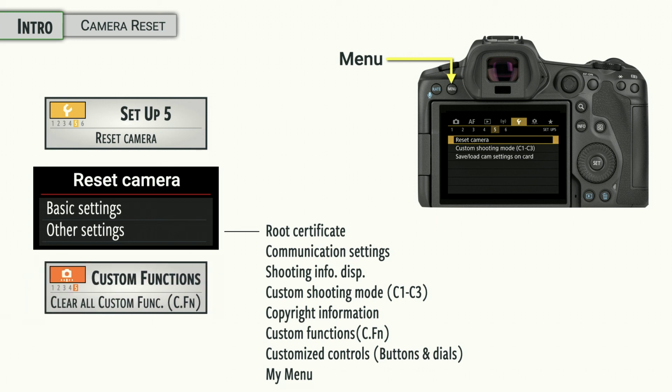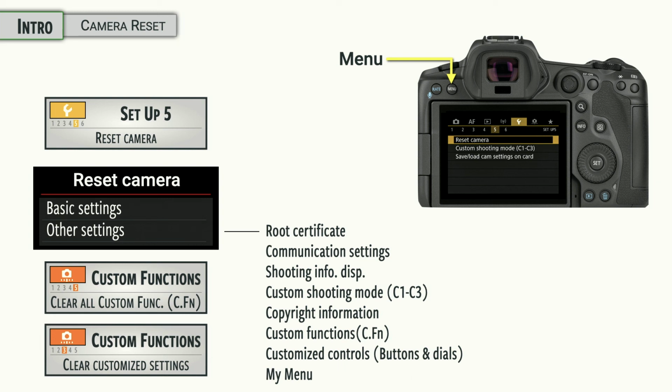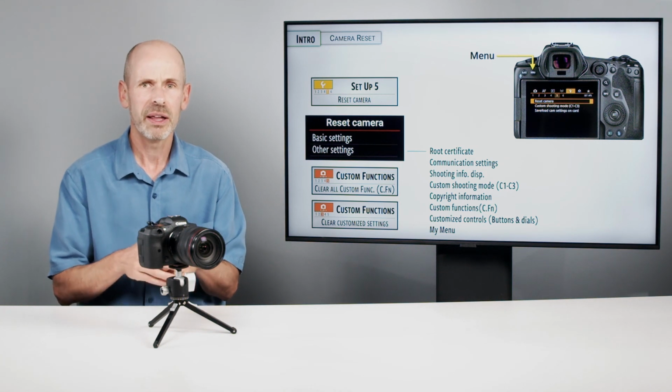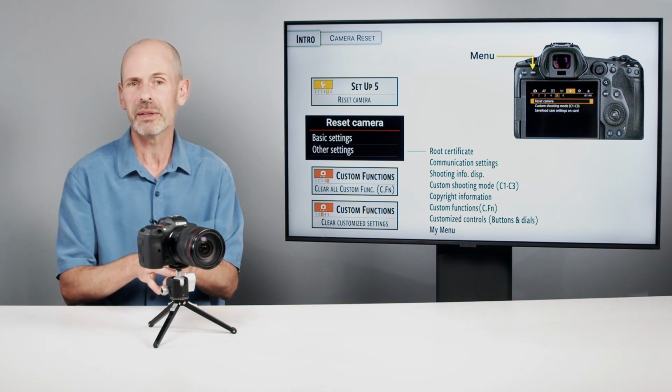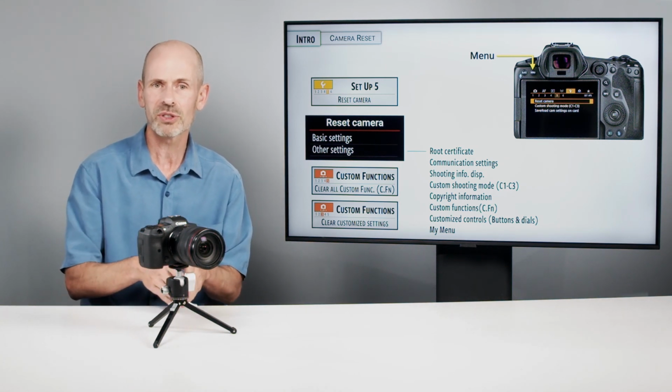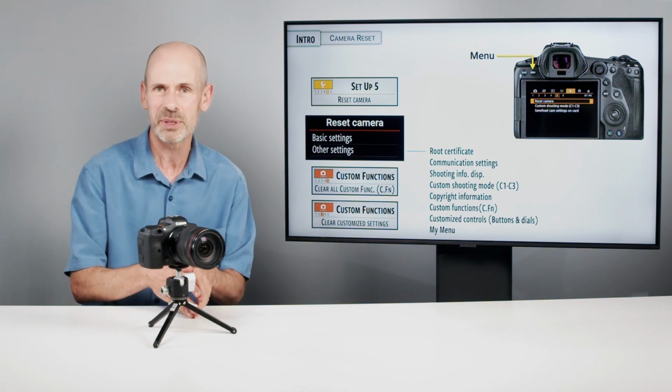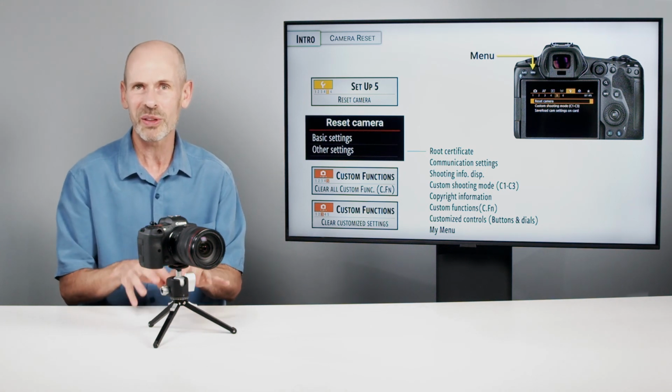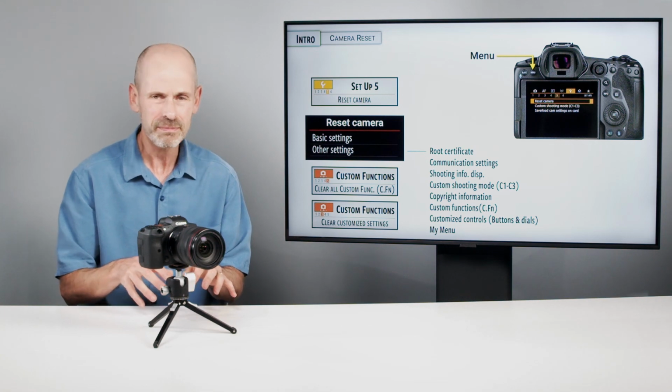Now, there is a clear all custom functions, and that is actually the same thing that's in the other settings here, so that's kind of a duplicate setting. The clear customized settings, though, is something that you also want to clear out, because if you've reprogrammed one of the buttons in the camera, you have to go into custom functions, clear customized settings on that particular one to get it out. So there's a lot of things that get stuck in there.